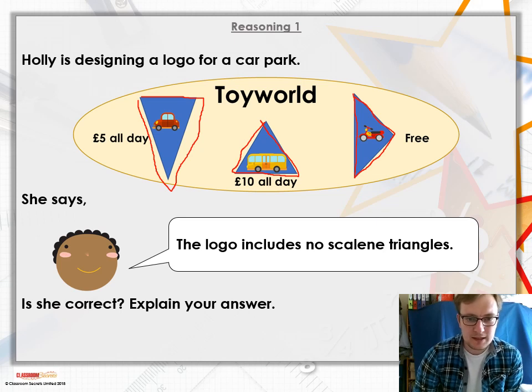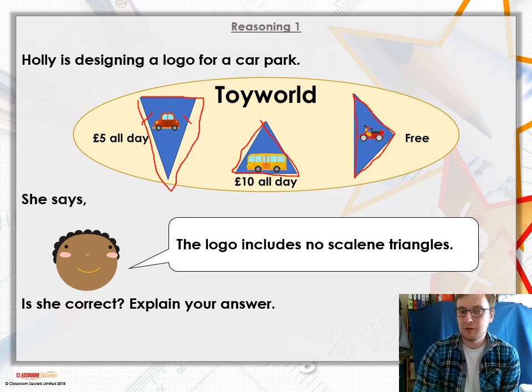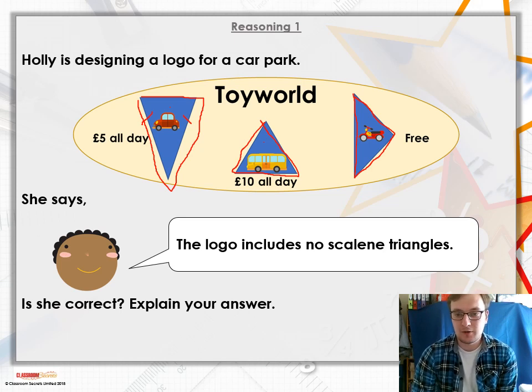Now, let's try here, pointing down, looking at the red car here. I'll say that those there are equal. So it's only got two equal sides, which means it's actually an isosceles triangle. Let's see about the one in the middle here with the bus. It's got three equal sides, so that would be an equilateral triangle. Finally, the one with the bike.